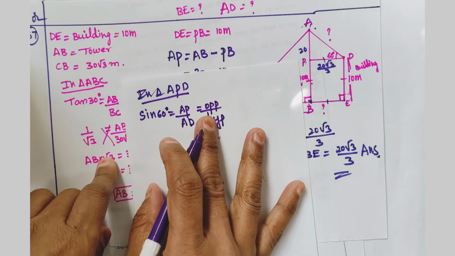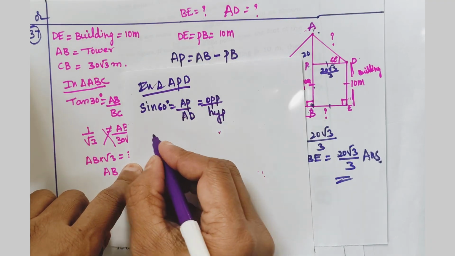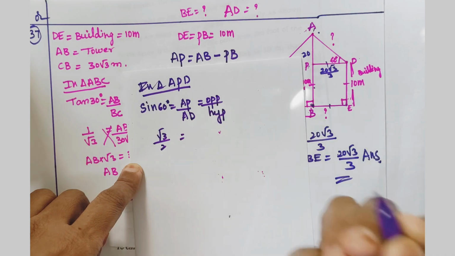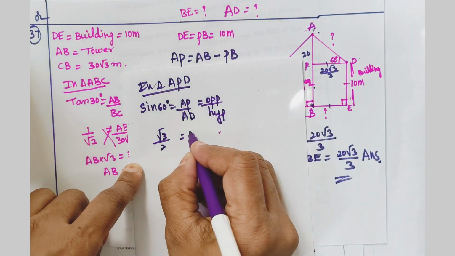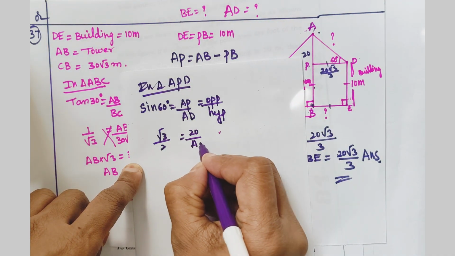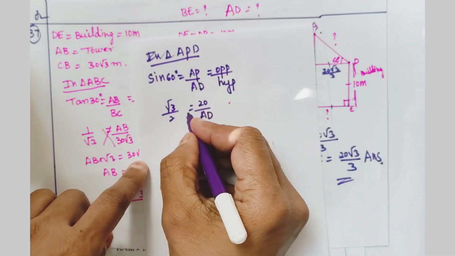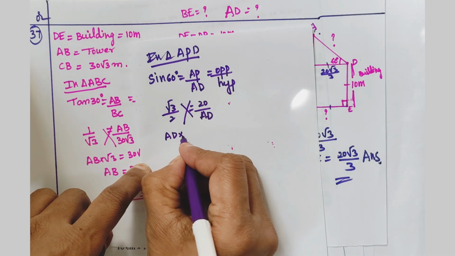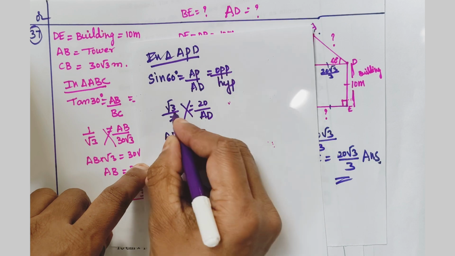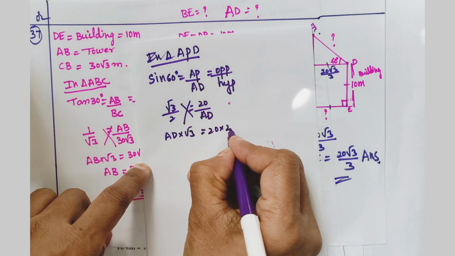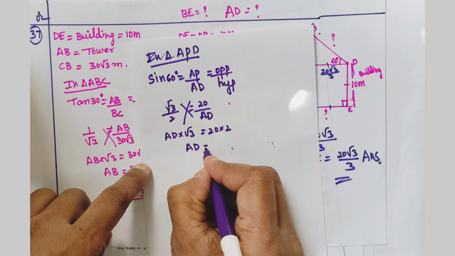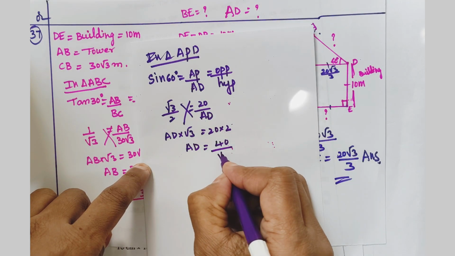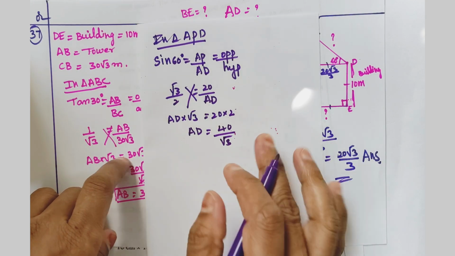Next, sine 60 value is root 3 by 2. Root 3 by 2 is equal to AP value 20 by AD, we don't know, so AD as it is. Now do cross multiplication. AD into root 3 is equal to 20 into 2, so AD into root 3 is 40.